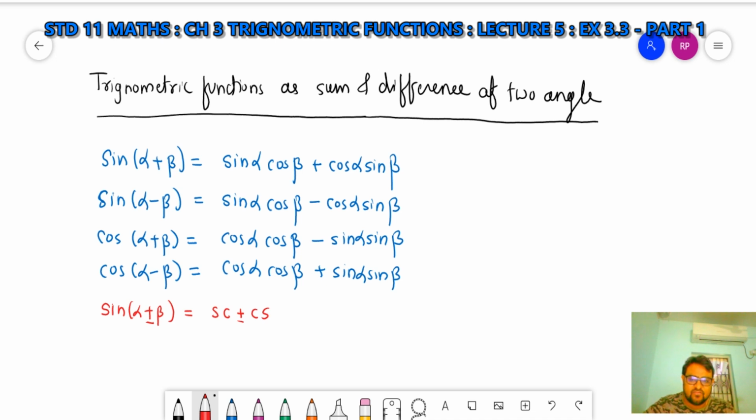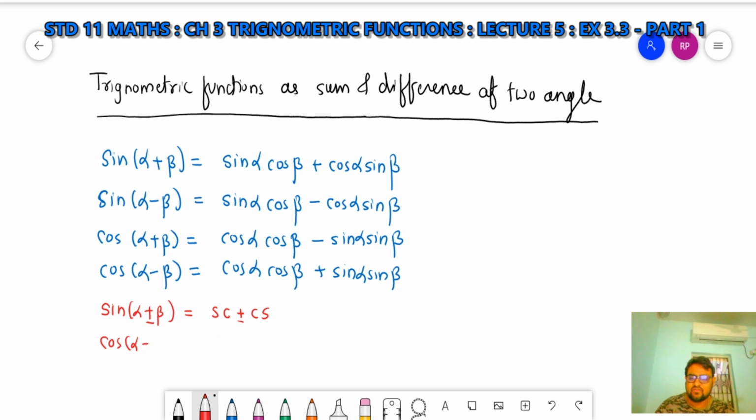So S sin alpha, C cos beta, C cos alpha, S sin beta. And in the same way, if it is cos alpha plus minus beta, then it is CCSS, minus plus. Okay, clear? Or else you can remember it separately.